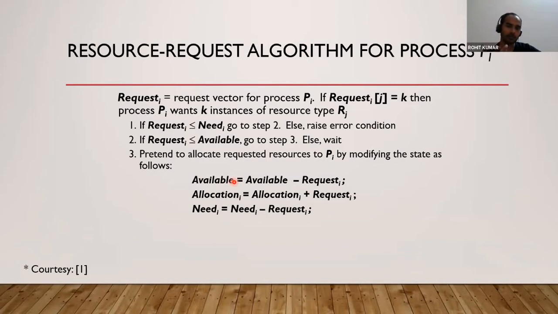So when the system resumes, there might be a chance of unstable conditions. If there are multiple parties inside a system and they are maintaining their own state of the system, then there will be a state of confusion if there is no synchronization. So that's why firstly you need to reduce the available resources, then increase allocated, then reduce the need.